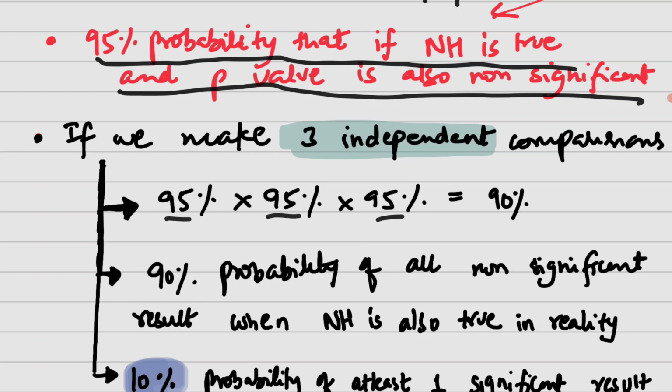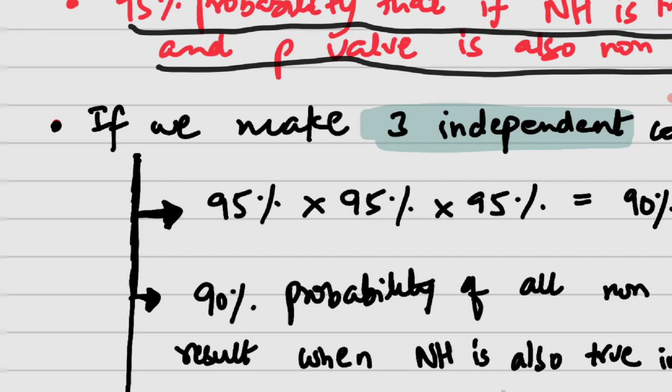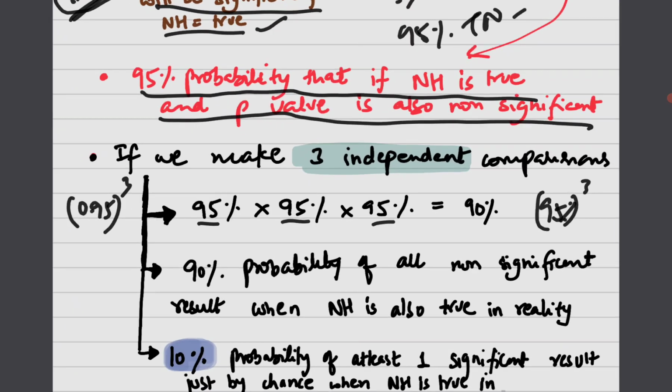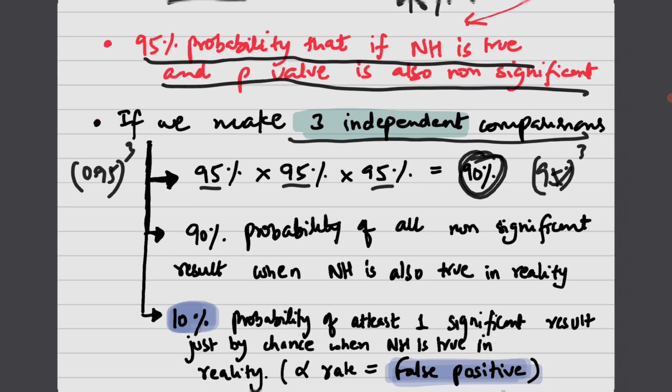So the cumulative true negative rate will be 95% to the power 3. Or you can also write this in the form of a fraction, 0.95 raised to the power 3. So it will be basically 90%, right? That is the true negative rate for 3 independent comparisons. So what does it mean?